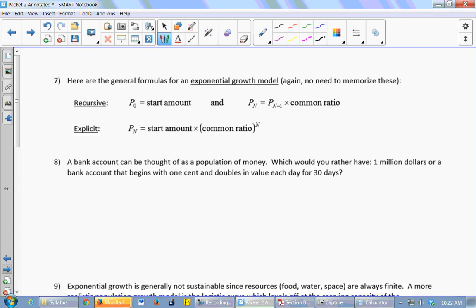In the rabbit problem, it was 1.2. And an explicit formula, P sub n, the general population in year n, is equal to your starting amount, for us 1,000 or the 6 billion, times your common ratio raised to the n. So when we're on the test, we plug in our numbers.